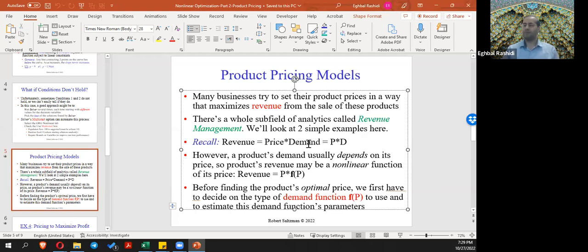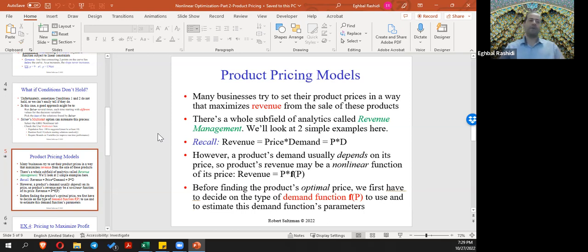That's your revenue, right? Price multiplied by demand, PD. But the demand is also a function of P, right? So demand itself is a function of price. We say we don't know what it is, say F of P. So revenue would be price multiplied by F of price, okay? Or revenue is equal to P multiplied by F of P.